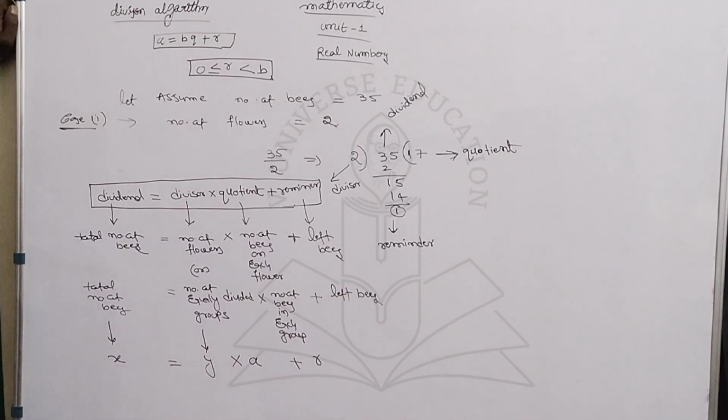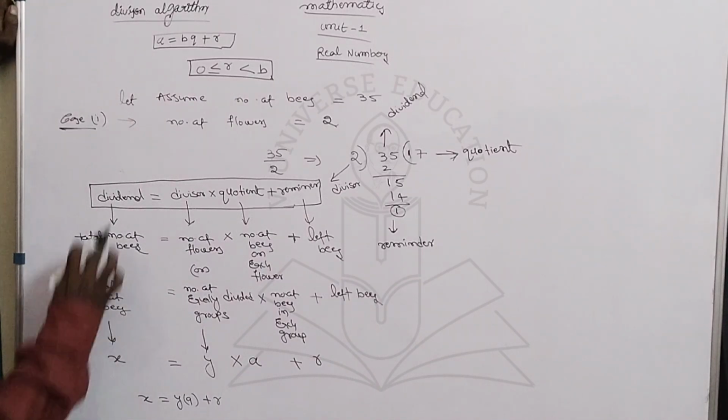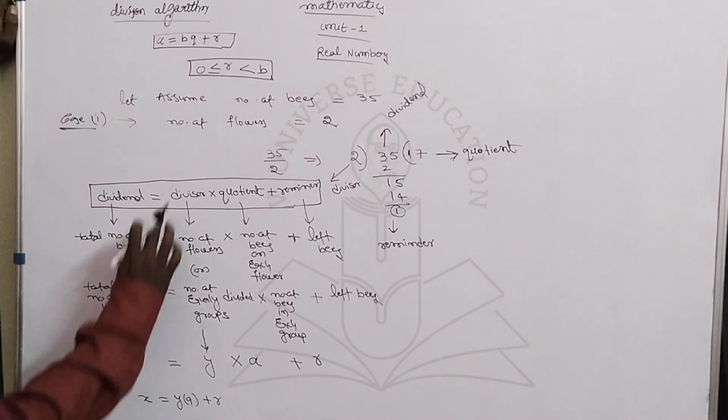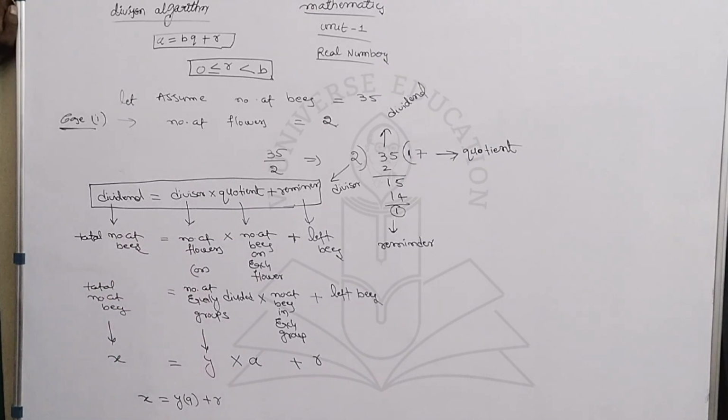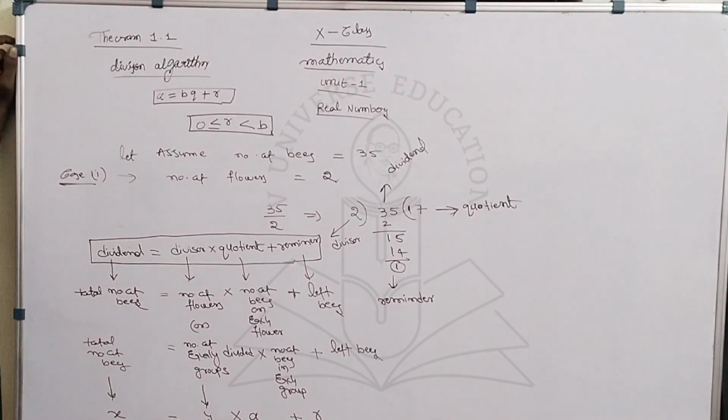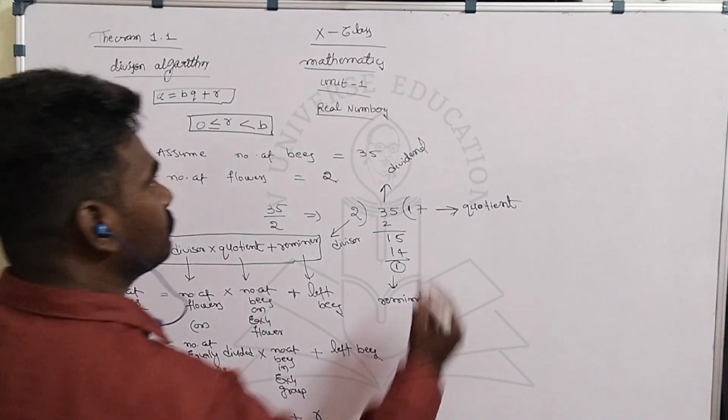So here we got an equation, that is x = ya + r. Here x is the dividend and y is the divisor, a is the quotient and r is the remainder. Here we apply this rule for case 1.